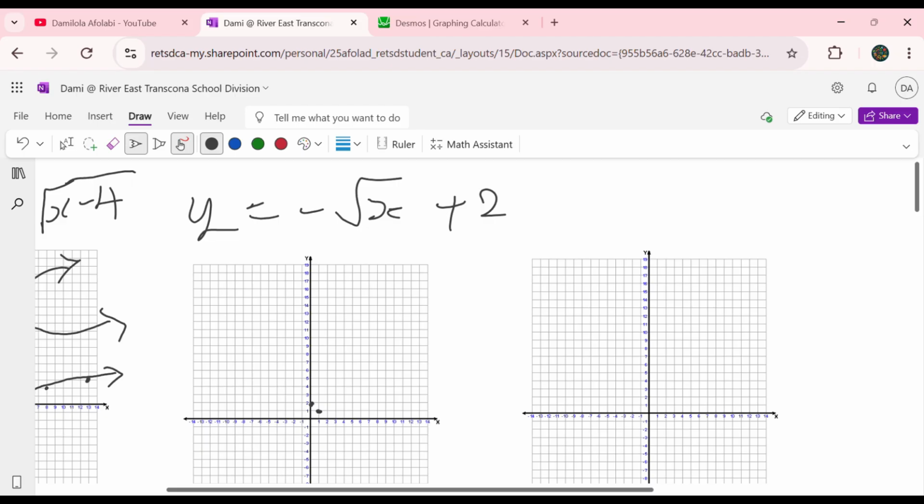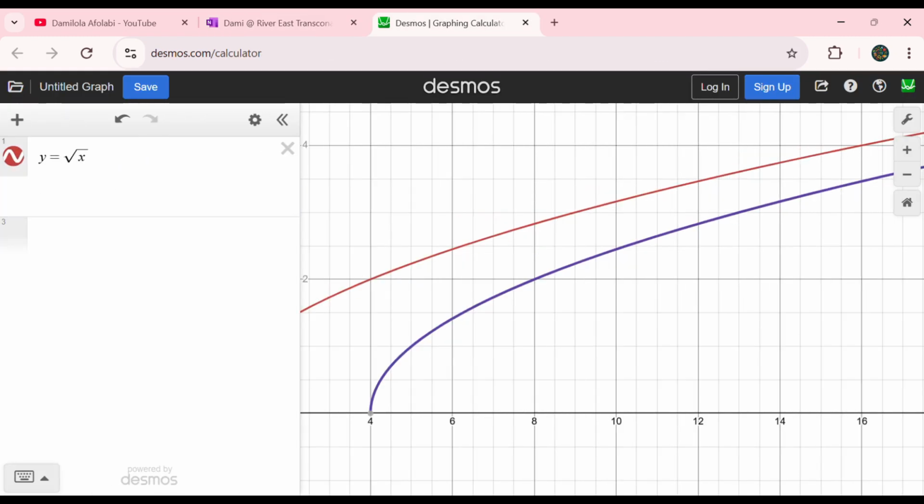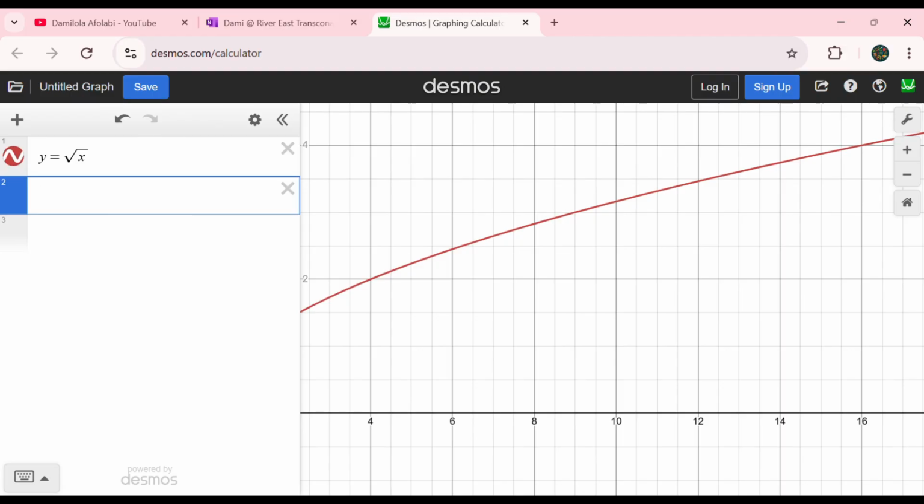So that'll be negative y plus 2, in case you're wondering. 4, 2 will give us negative 2 plus 2, 0, so 4, 0. 9, 3 would give us negative 3 plus 2, negative 1. And bam, bam, bam. Look at it in Desmos.